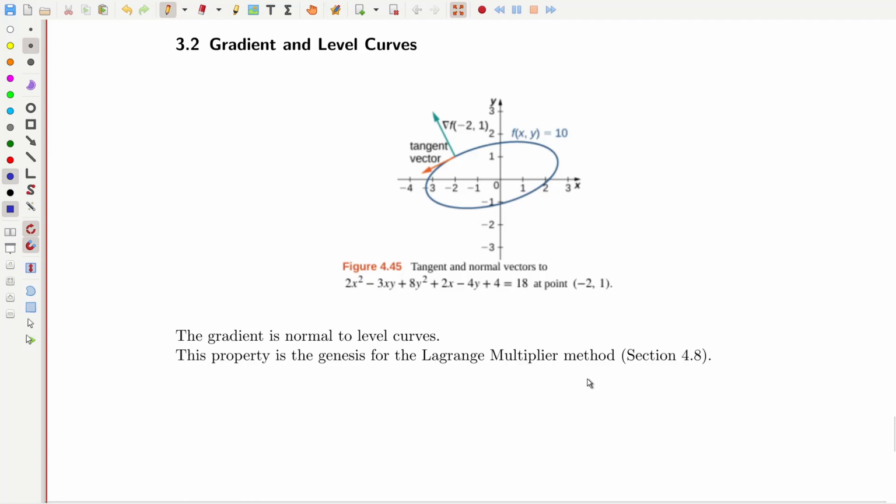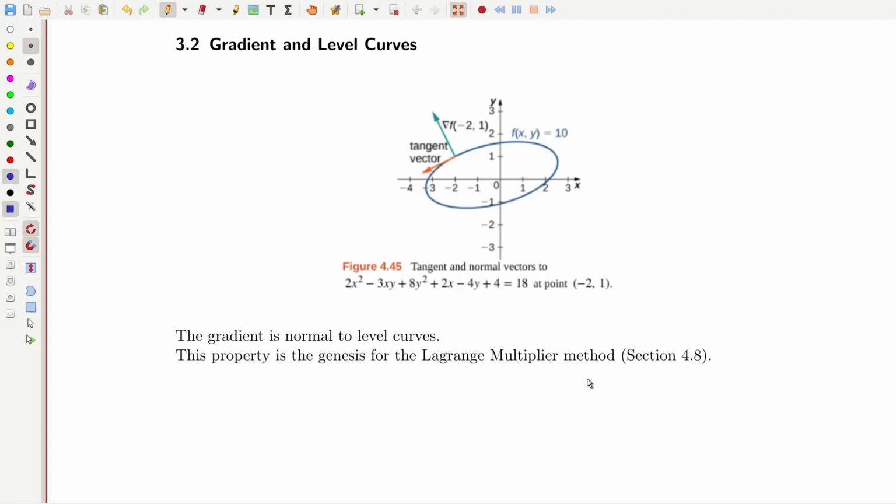We'll be seeing, just like in Calc 1, where you learned about absolute min, absolute max, local min, local max, how to optimize a function, maximize or minimize it, either on a closed domain or entirely using the first order test and second order test.